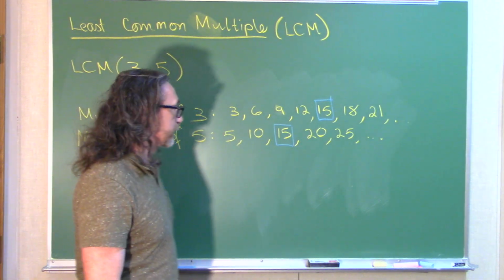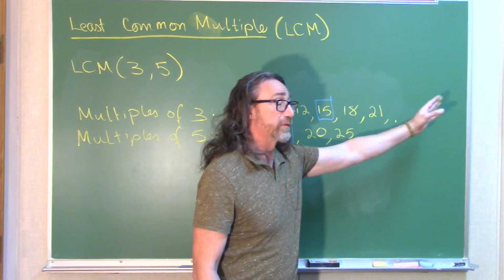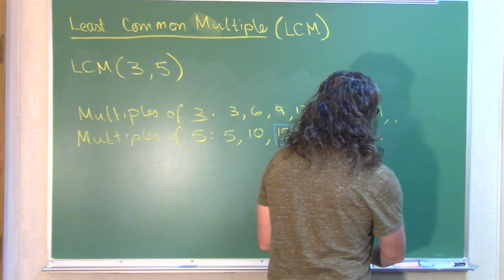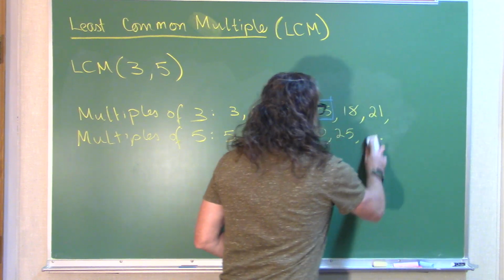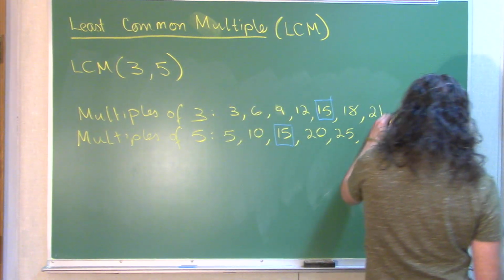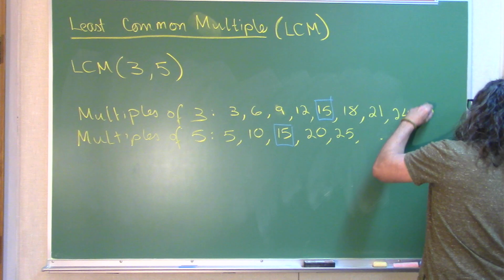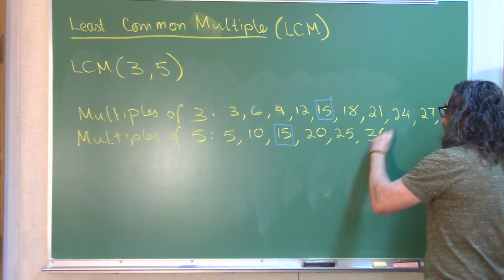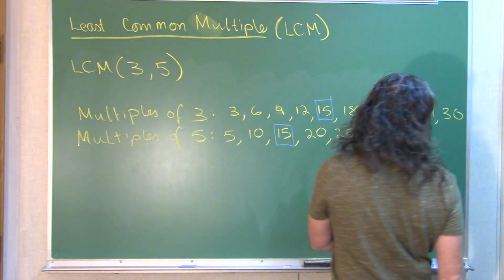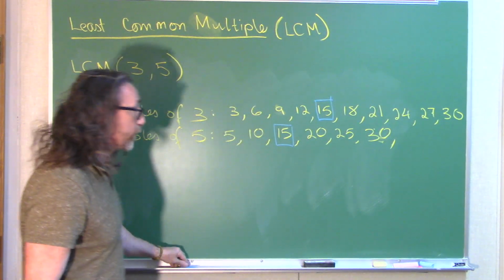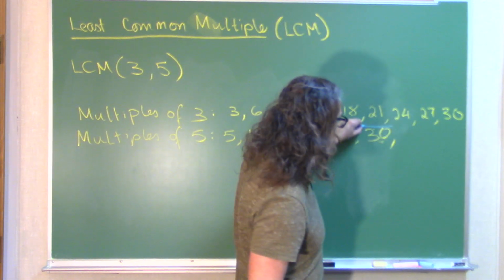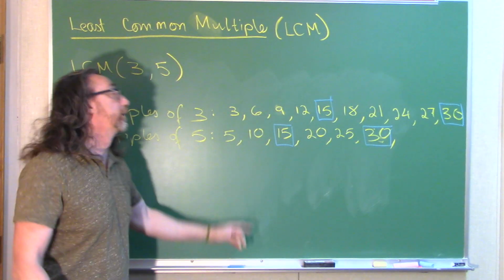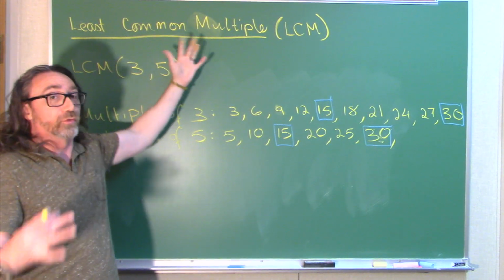If I were to continue here, I'd get 24, 27, 30. In fact, let me go ahead and do that. I'll continue these lists. Next multiple of 5 would in fact be 30. So 30 is another common multiple. The name means just what it says.